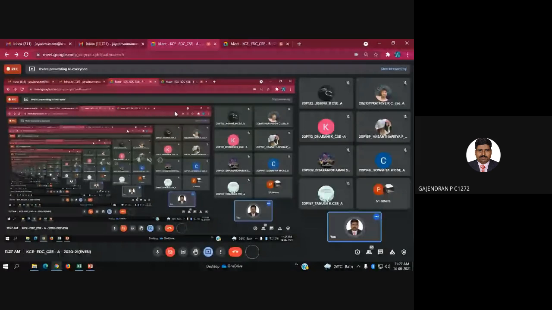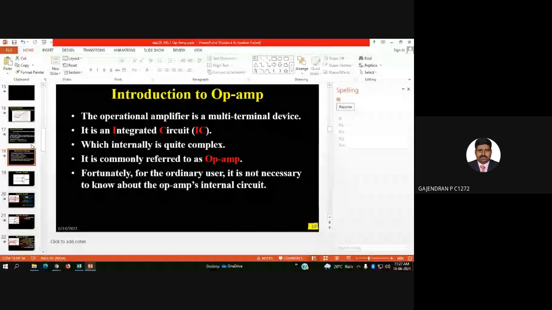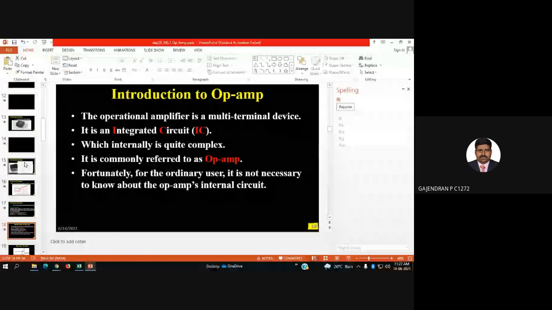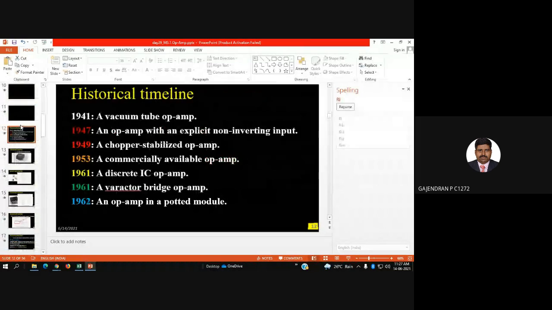Any introduction or anything? What about these things?